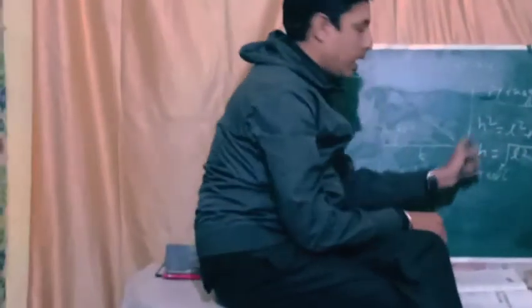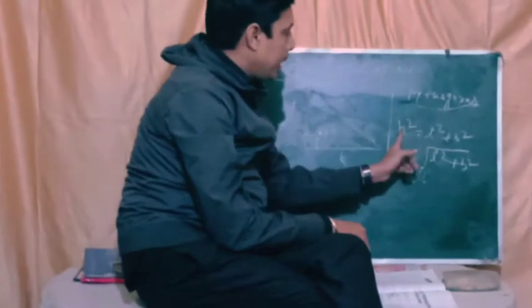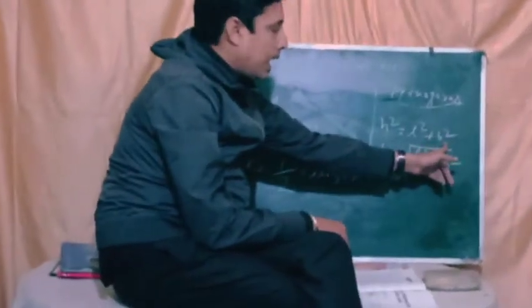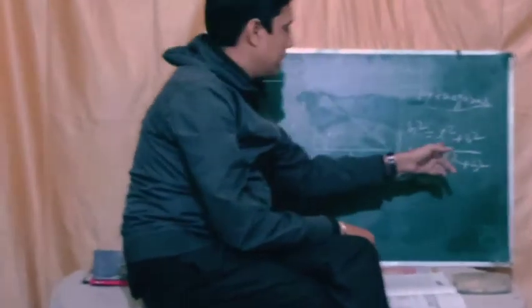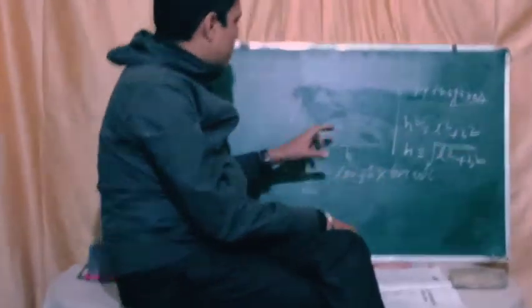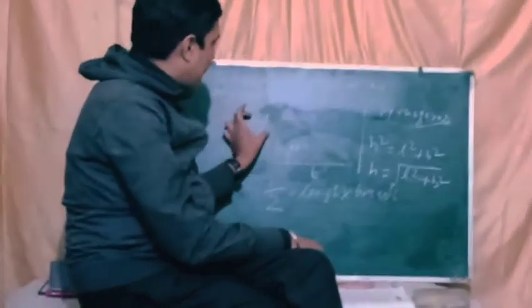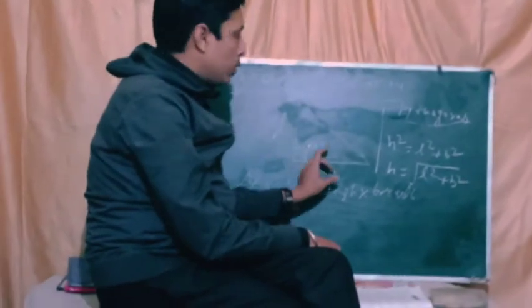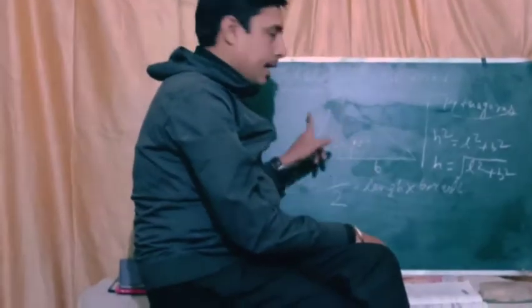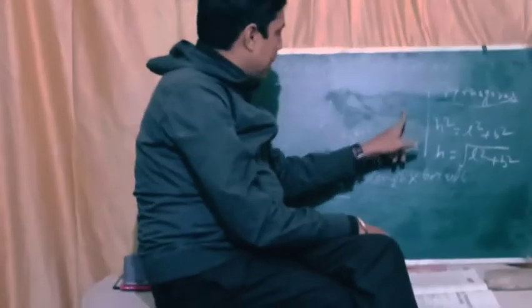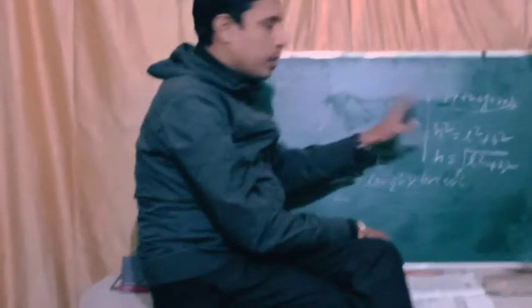Similarly, if you want to find L, then under root h square minus b square. Fine. So suppose you know L and b, then you can find h. If you have h and b, then you can find L. Right? So this is how we can calculate.